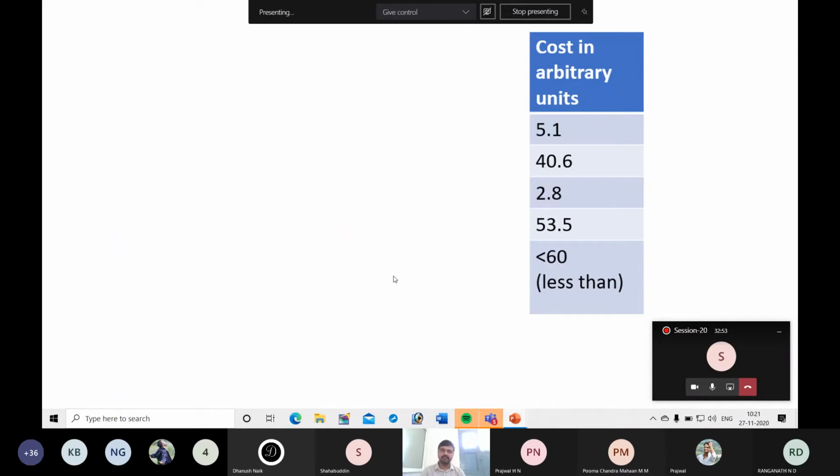Next we will consider next quality parameter, that is cost. We know least cost is more desirable. In this case, which is having least cost, for which you can assign P value as 9.